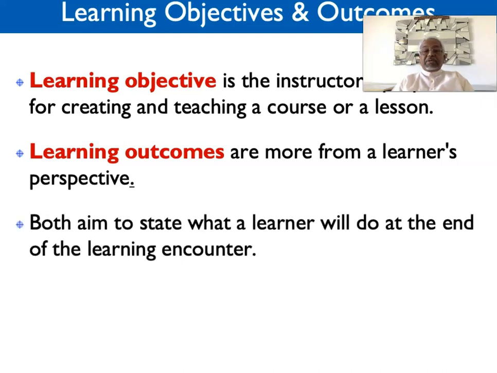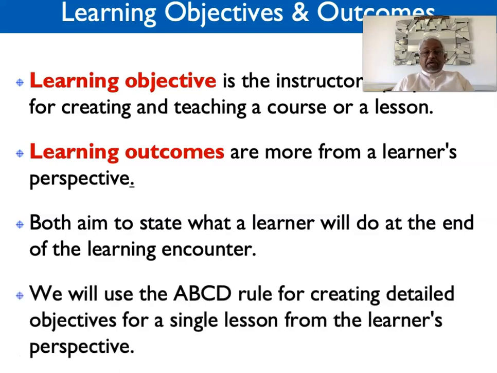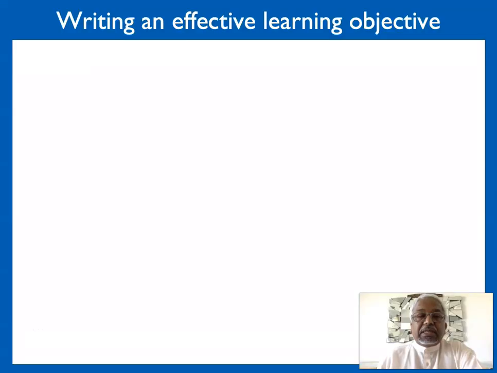Both of them aim to state what a learner will do at the end of the learning encounter. Now, for our purpose in this lesson, we will use the ABCD rule for creating detailed objectives for a single lesson from the learner's perspective. Let's now dive straight into writing an effective learning objective.